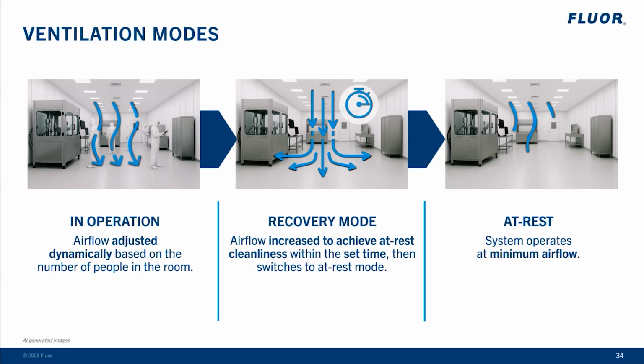Once recovery is achieved, the system switches to at rest mode, where airflow is minimized. These modes allow for efficient energy use while maintaining cleanroom standards. Emission-based modeling leverages these modes to optimize ventilation based on actual contamination risk and occupancy patterns.